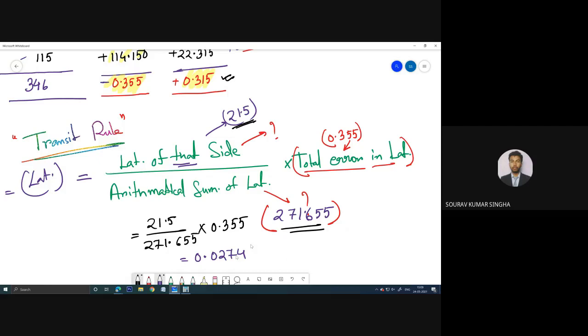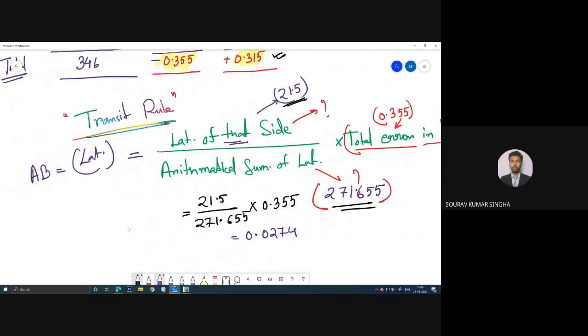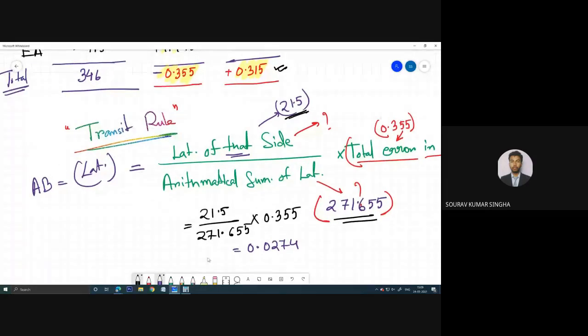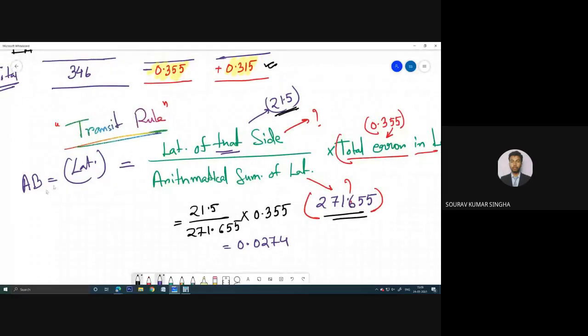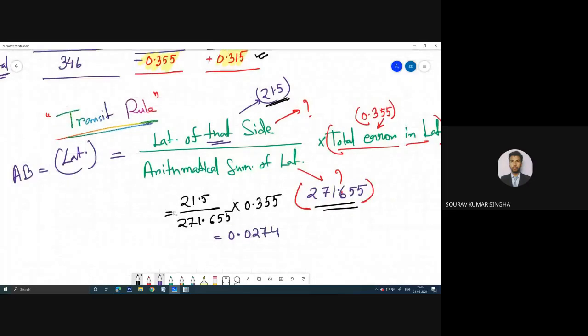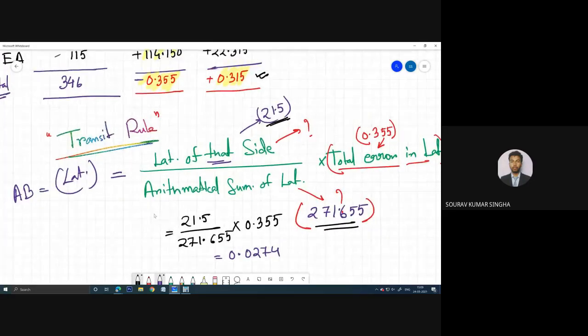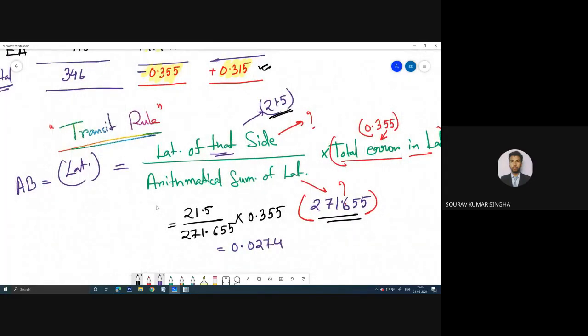So that means this value is the correction which is required for the AB line and for the latitude. What will be the sign, positive or negative?